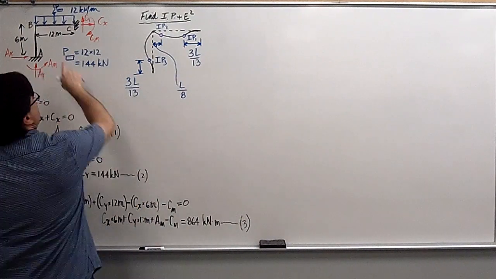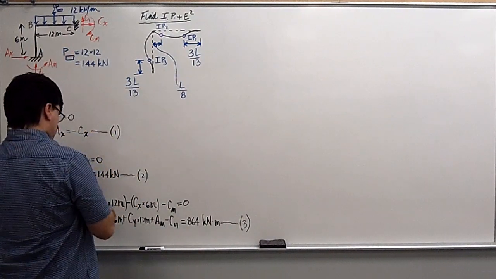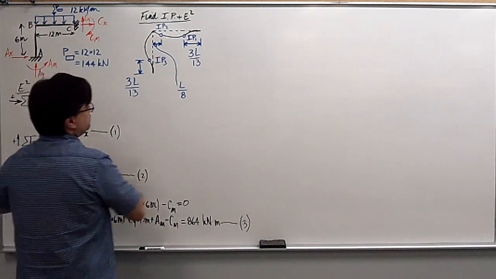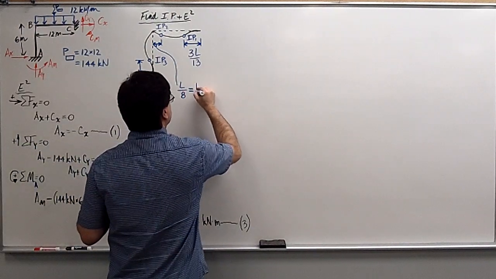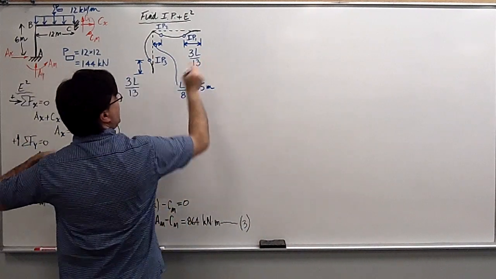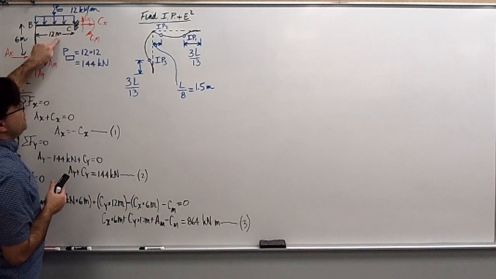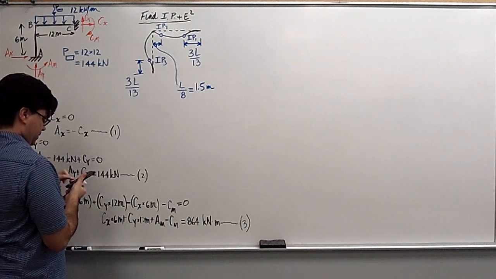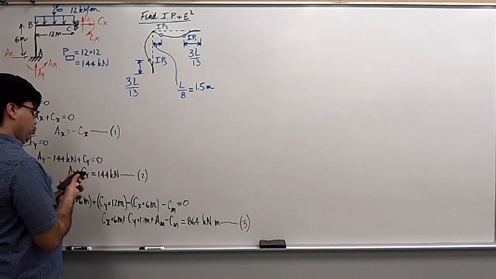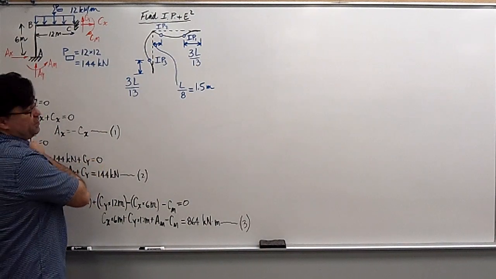L over 8 is 12 meters divided by 8, 1.5 meters. 3L over 13 is 3 times 12 divided by 13, 2.769 to 3 decimals.